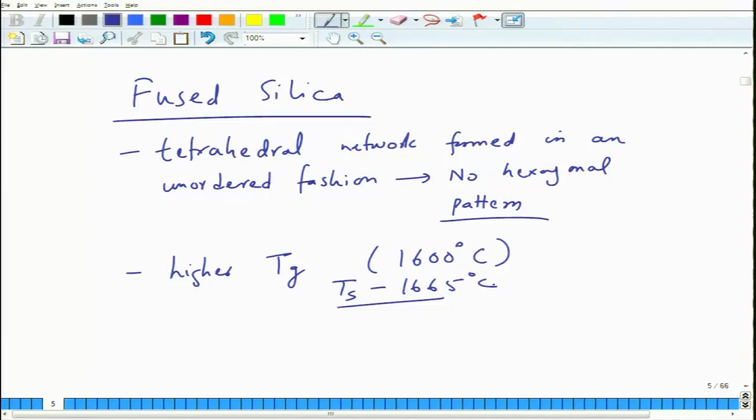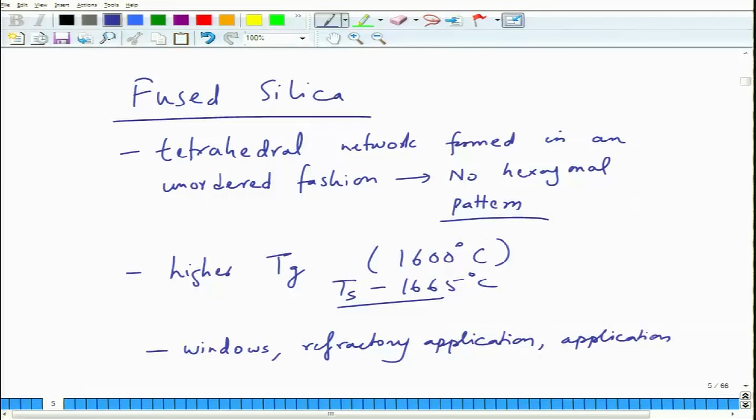As a result, these can be used for applications which require high temperature. They are transparent, so they are like glasses, but they can withstand very high temperatures. So, for example, windows, refractory applications, and applications which require low coefficient of thermal expansion, because they have a higher softening temperature, their coefficient of thermal expansion is lower.